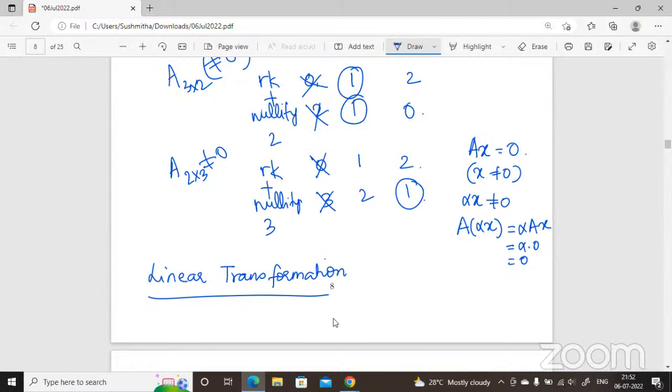So can you see that when there is one non-zero solution, there are infinitely many non-zero solutions?